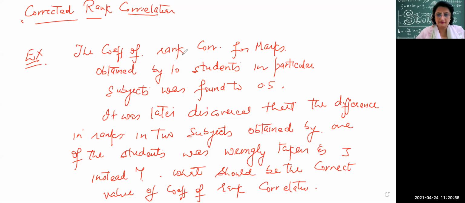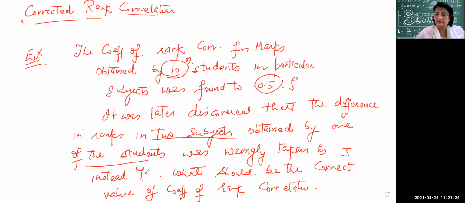The coefficient of rank correlation for marks obtained by 10 students, it means n is given as 10, in particular subject was found to be 0.5. Okay? It means this is given as rho. It was later discovered that the difference in rank in two subjects obtained by one of the students was wrongly taken as 3. Difference, we have given the difference.